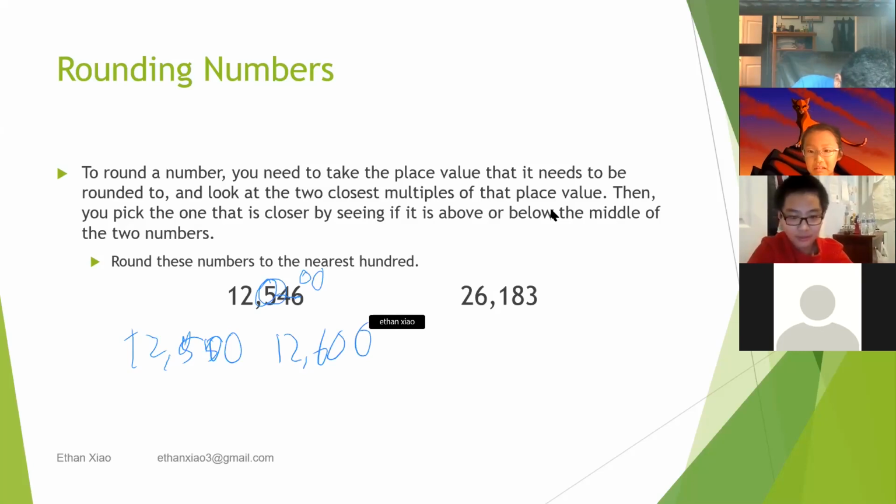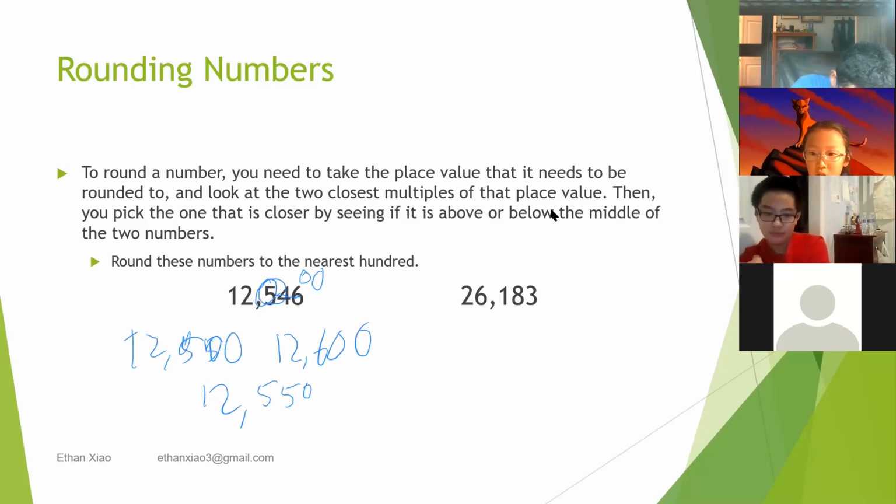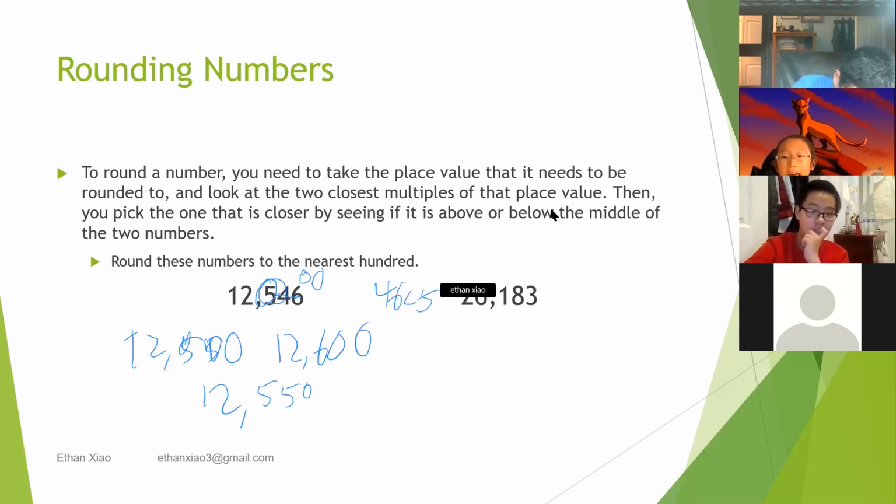And the middle of this is 12,550. And you compare if the original number was higher or lower than 12,550. So you can see it's lower because 46 is lower than 50. So therefore, we just round to the first one because that's the one it's closer to.